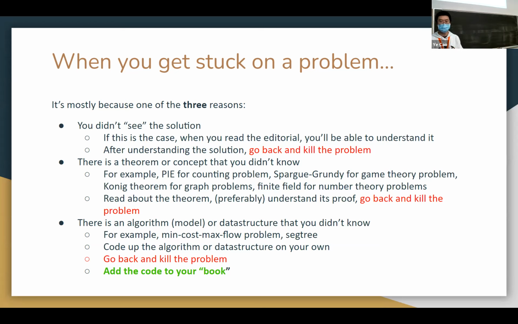If that is the case, look up the algorithm, and try to code it out on your own if possible. Otherwise, as I suggested before, if you decide to copy it from the internet, understand the code. Go back and kill the problem, and lastly, add it to your book. So next time you see a problem with a similar structure, you can just basically copy that code, paste it into your console, and boom, problem solved.